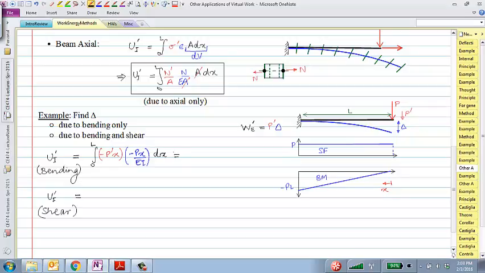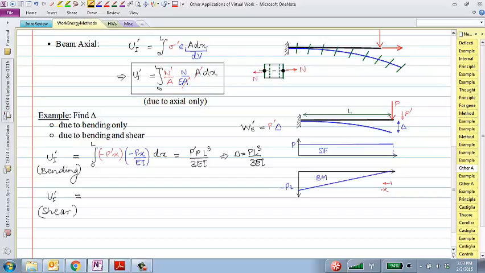And that would come out to be P prime P times L cubed over 3 EI. And indeed, if I cancel off the P prime when I equate those two, then I get the usual expression that we always get, PL cubed over 3 EI. No surprise there. Let's take a look at the shear part of the energy now.